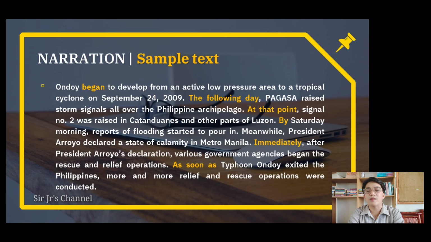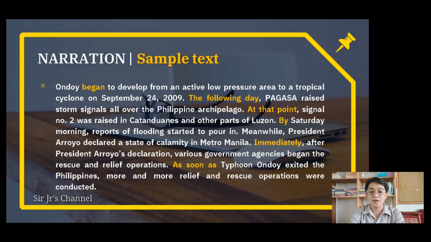By Saturday morning, reports of flooding started to pour in. Meanwhile, President Arroyo declared a state of calamity in Metro Manila. Immediately after President Arroyo's declaration, various government agencies began the rescue and relief operations. As soon as Typhoon Ondoy exited the Philippines, more and more relief and rescue operations were conducted.